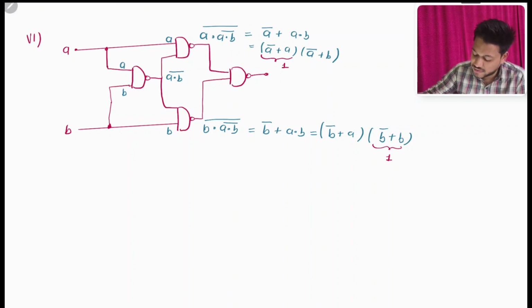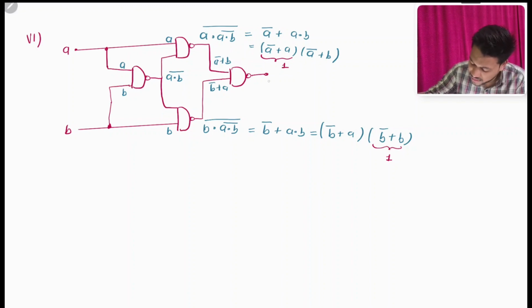And the left part will be A bar plus B and here it will be B bar plus A, and this is going to this NAND gate. So B bar plus A and A bar plus B, this is an input to this NAND gate.